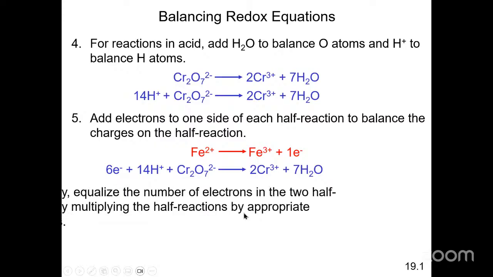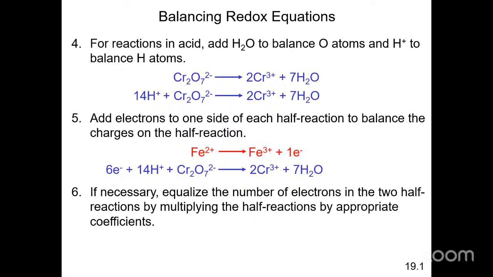Okay, so the next step, referring to something I mentioned before, is that in all redox reactions, the number of electrons lost and gained must be the same. As we have it right now, that's not the case, because we have 1 electron here and 6 electrons here. They're obviously not equal. So the question becomes, how do we achieve a situation where the number of electrons lost and gained are the same?